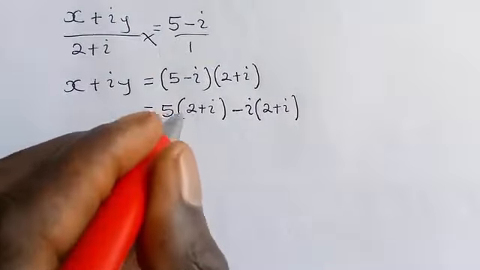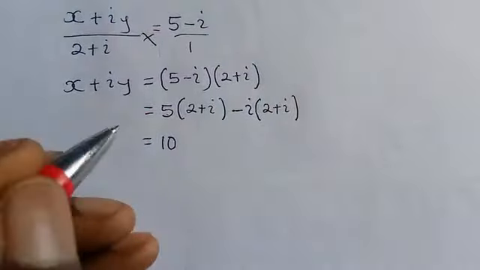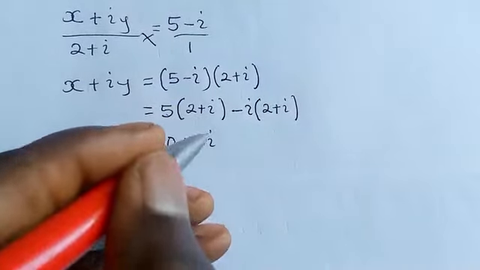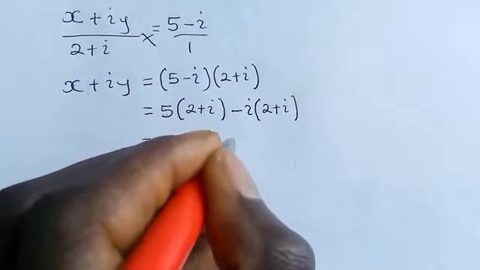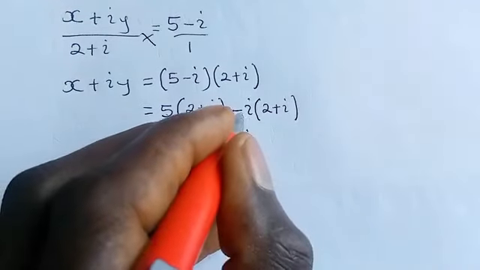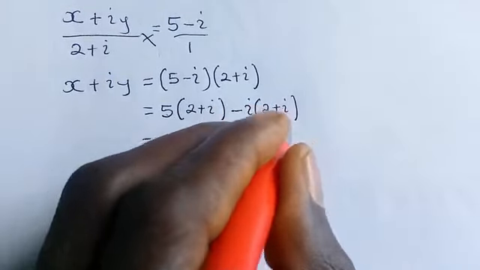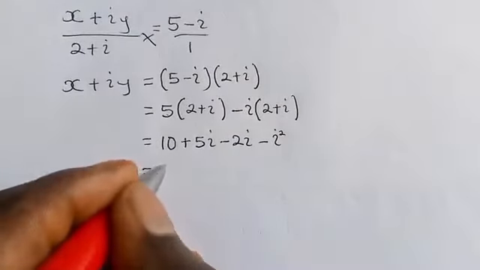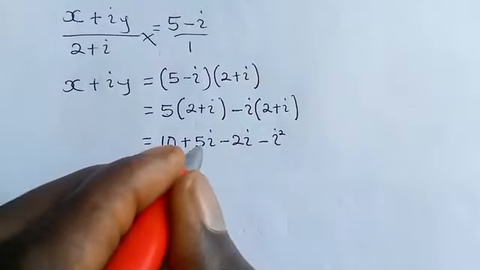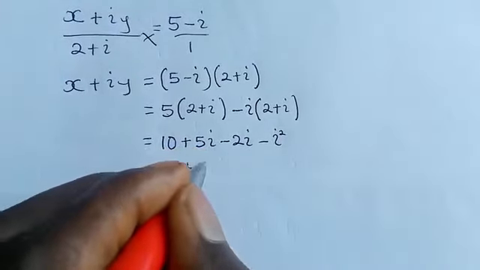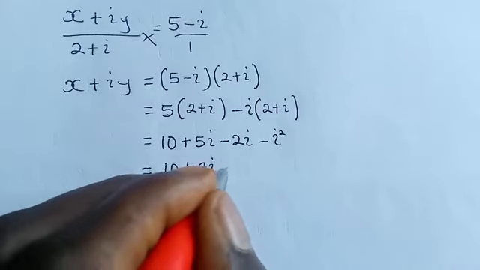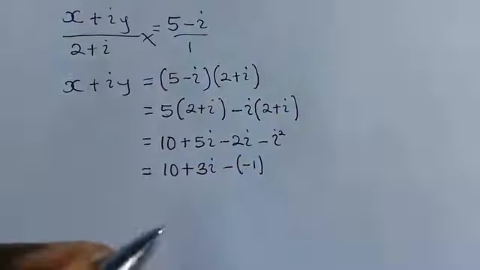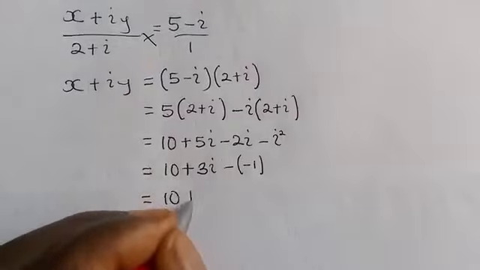And that will be equal to 5 times 2, you have 10. 5 times i, you have 5i. Minus i times 2 is minus 2i. Minus times plus is minus, i times i is i squared. This is equal to 10 plus 5i minus 2i, you have 3i. Minus the value of i squared is minus 1, so that we have 10 plus 3i.